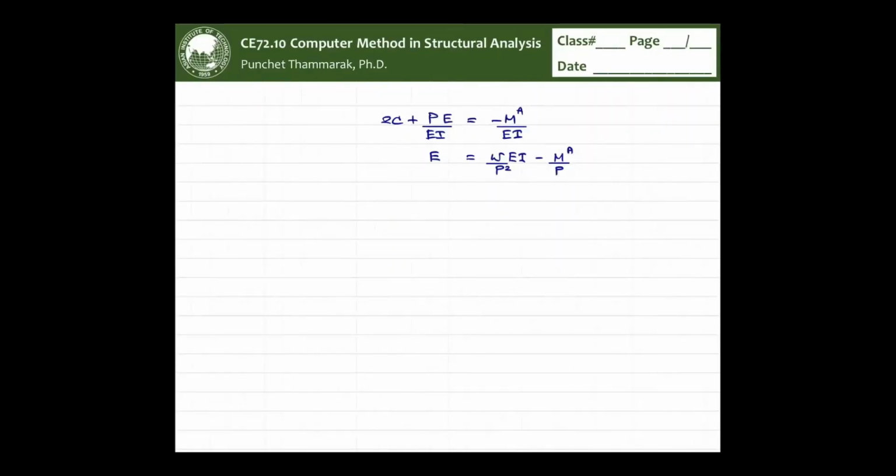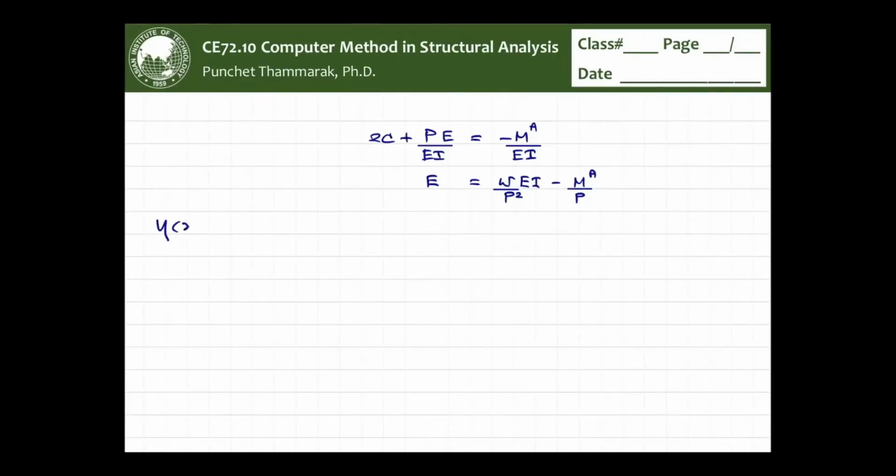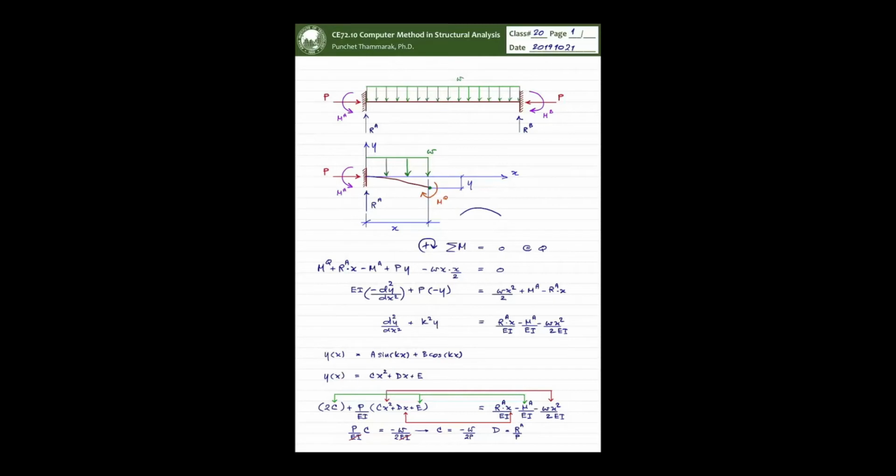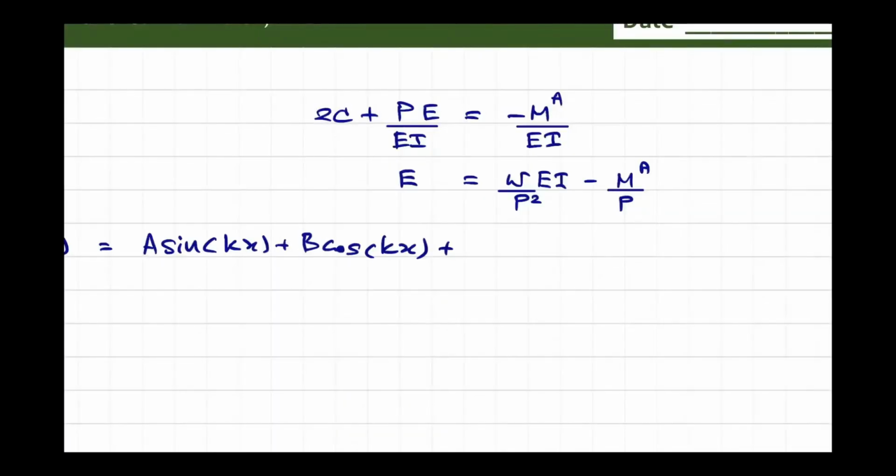So let us rewrite the whole thing. The solution y is equal to A sine kx plus B cosine kx plus, how about the C? C is minus W over 2P, minus W over 2P x squared, right?